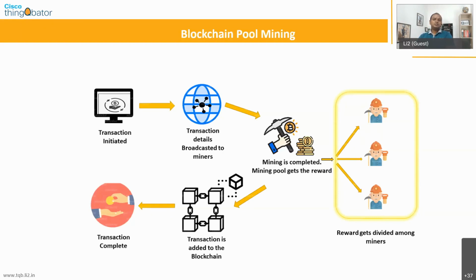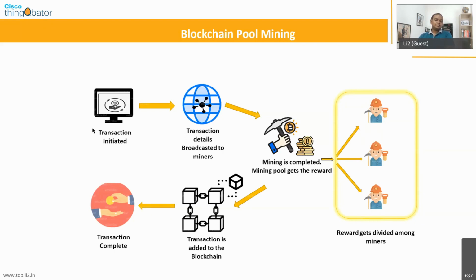So hundreds of like-minded people can come together, share the cost required for mining blocks in the network, and then also share the reward depending on the percentage that they have given to the network, right? So this is how mining happens in a pool scenario.